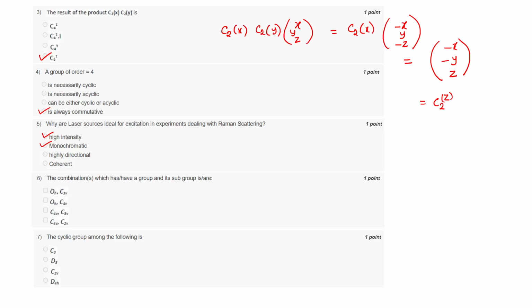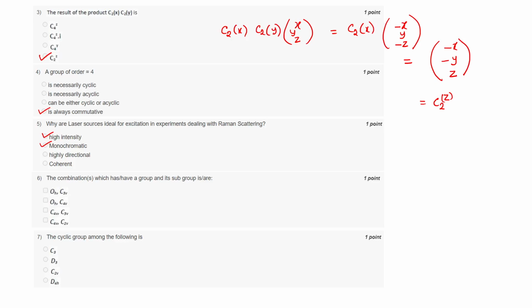Okay. Now, why high intensity? You remember why you need a high intensity? Because the effect is very feeble. In the Raman effect, this electric field must interact with this quadrupole moment.